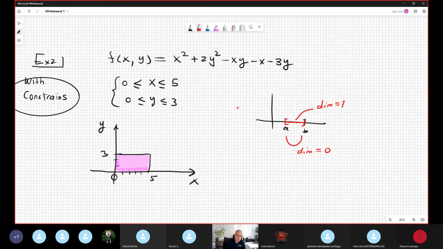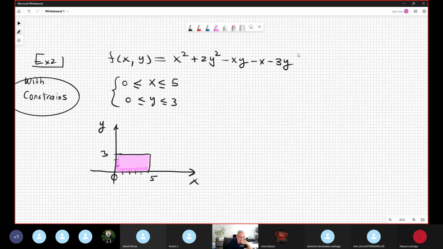Now, in this case, no. In this case, it's an area enclosed, a rectangle. It's two-dimensional. However, the boundary is one-dimensional, the line segments that enclose it. Do you see? It's important, guys. You see the analogy, because it's the same in calculus, but you're extending the dimension.